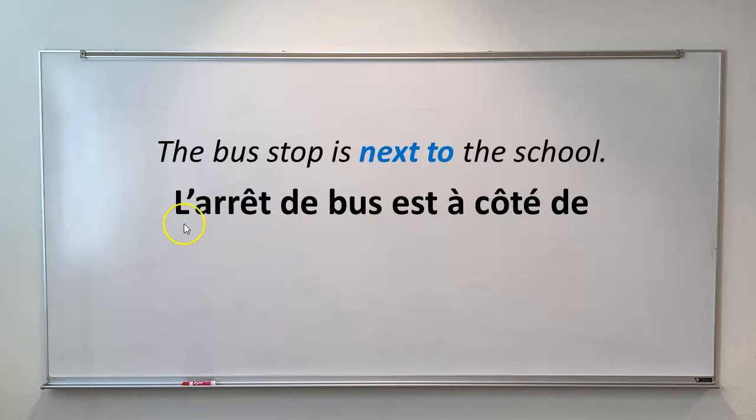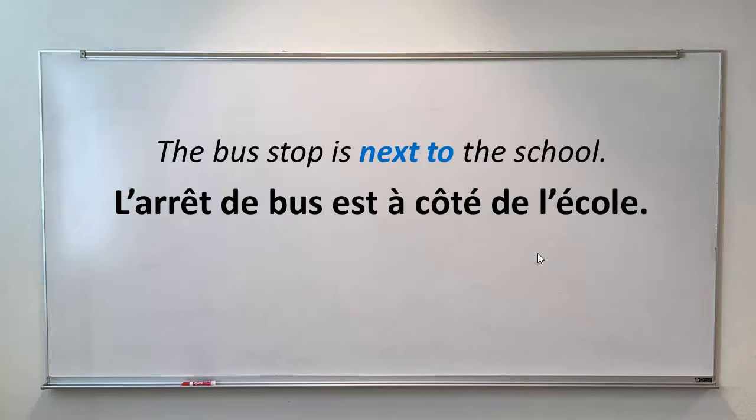So we have l'arrêt de bus est à côté de. We almost have a complete sentence. Notice the liaison also. And we just need the word for school. So how do you say school in French? On dit l'école. L'arrêt de bus est à côté de l'école. So a very nice, very beautiful French sentence.